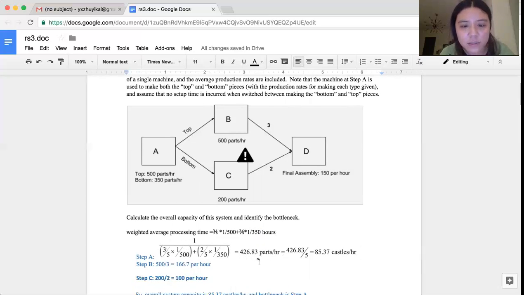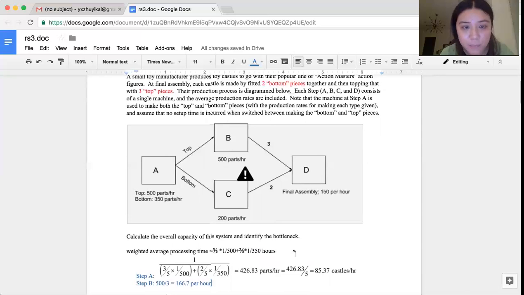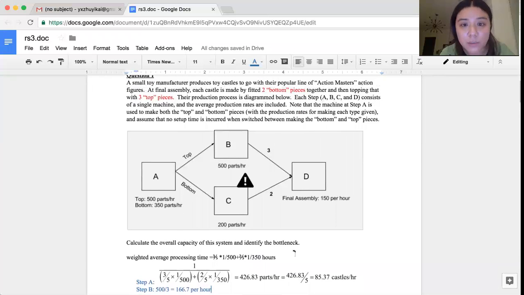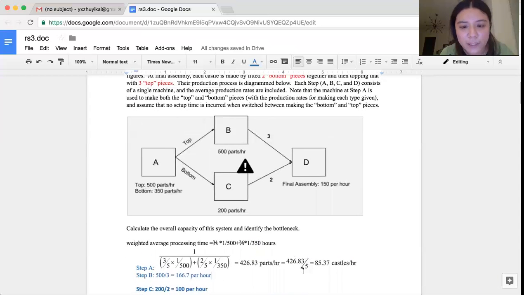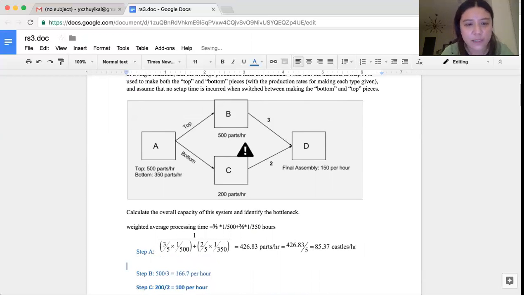And this includes all 5 parts, which is 3 top pieces and 2 bottom pieces. So we divide it by 5, and then we get 85.37 castles per hour. So this is the capacity for step A.